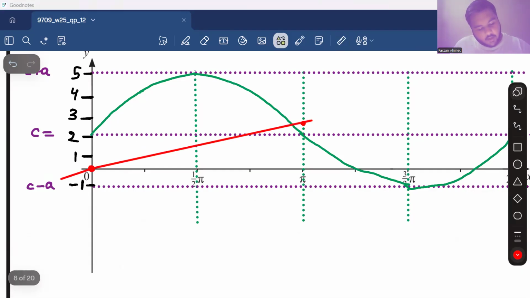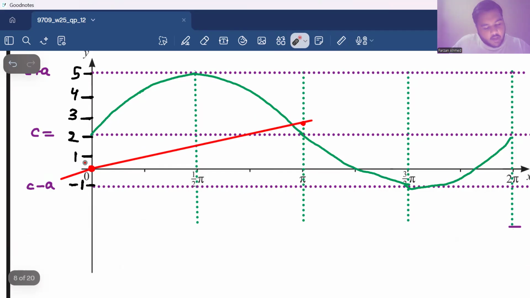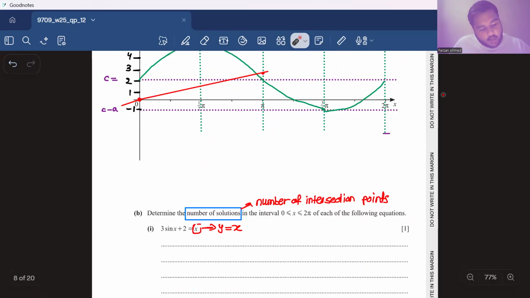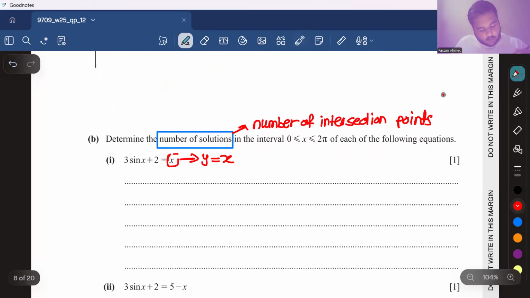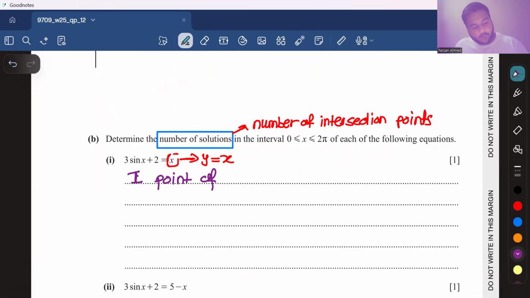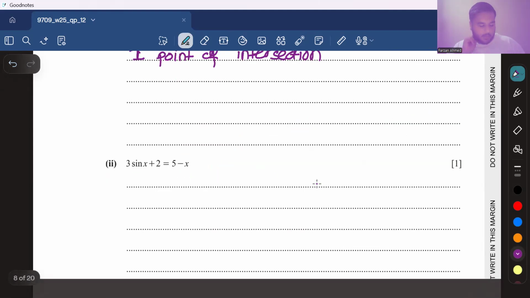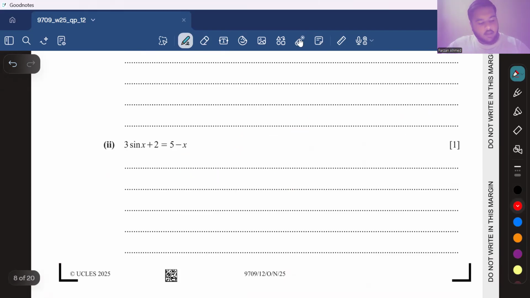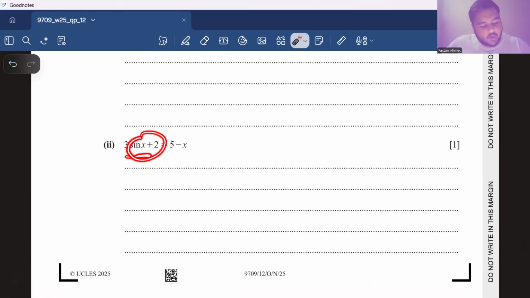We have joined the points, so we have to know where it is intersecting. So it is intersecting this graph. So in part B, part one, we write that there is one point of intersection.